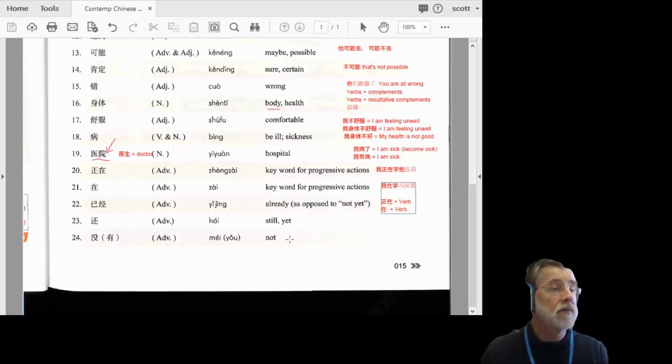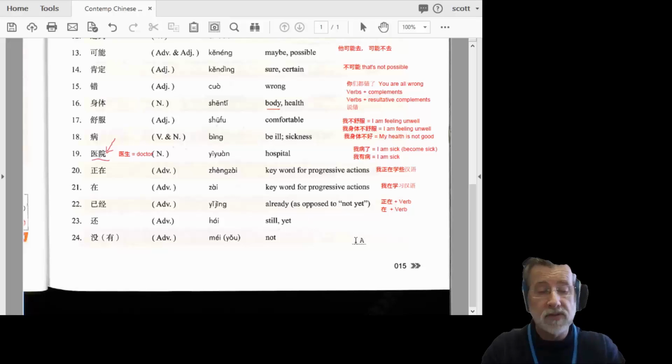So we have our next one, 23, which is 还, still or yet. And again, sorry, I've jumped over one. I'll come back to that. So it's an adverb, and so therefore it's going to come before the verb. I think our textbook has an example like, she is still sleeping. 她还在睡觉.